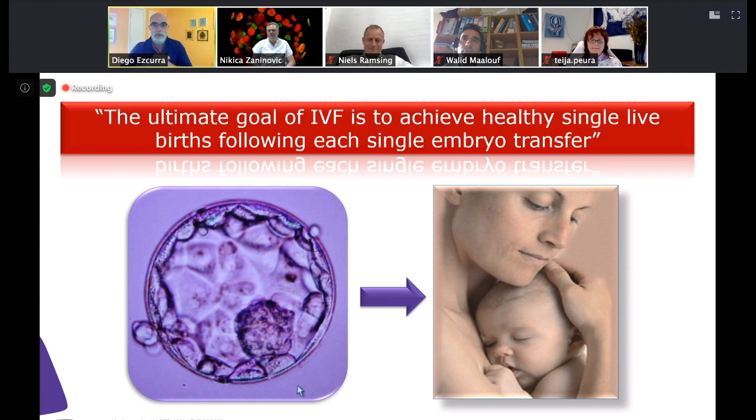He said that the ultimate goal of IVF is to achieve a healthy single live birth following each single embryo transfer. The work that we're doing is fantastic, but it needs to look at how to develop the embryos in the best conditions, and how to identify the best embryos to maximize their implantation rate. That's how what we do as embryologists is measured.